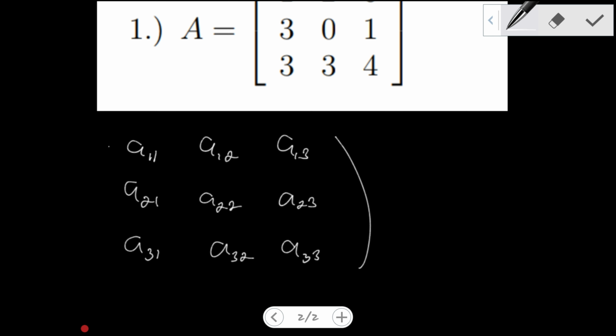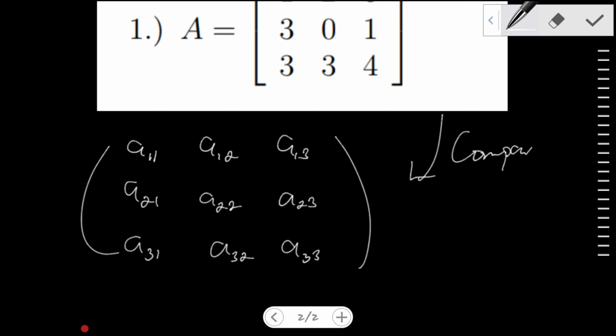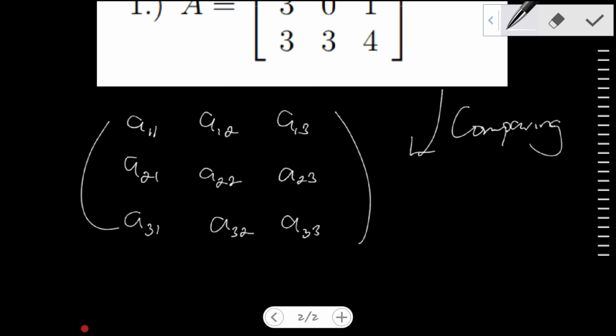We are comparing matrix A to this, just to guide us when getting the cofactors.